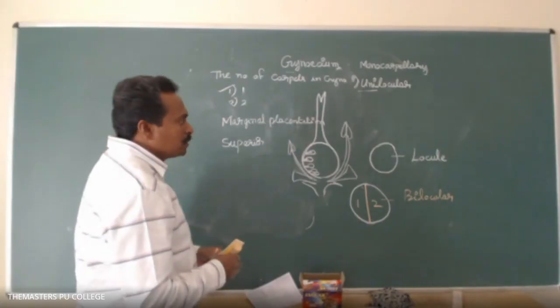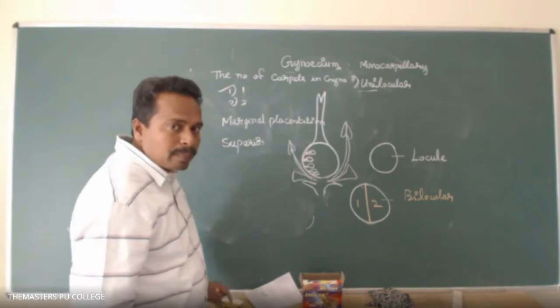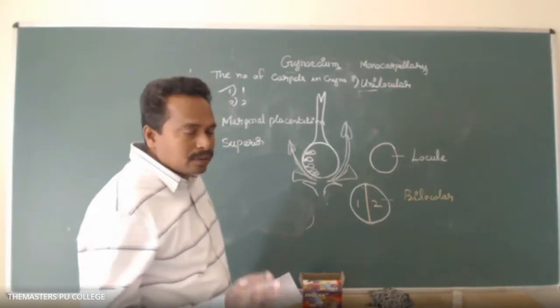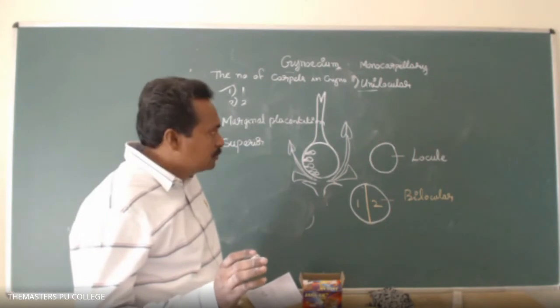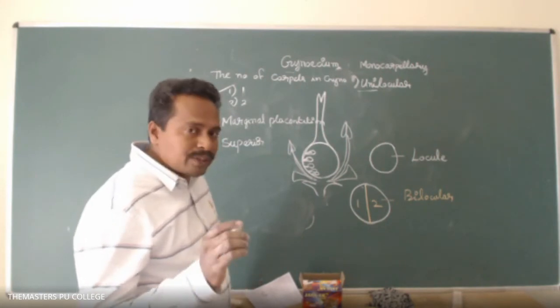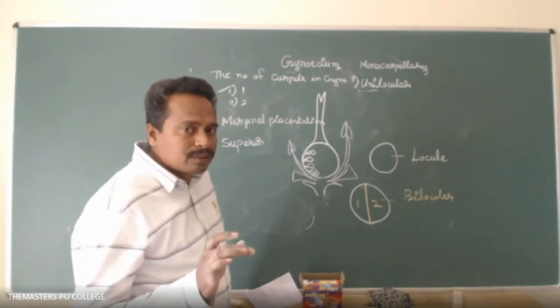Sir, all the families have a superior ovary, right, sir? All the families of plants have a superior ovary? In which family? Solanaceae, Liliaceae, Fabaceae, in all of them.